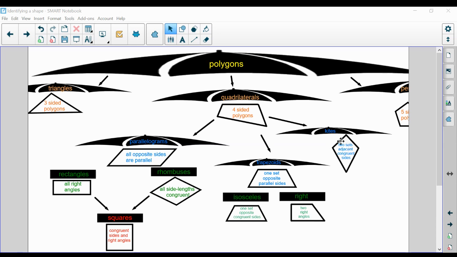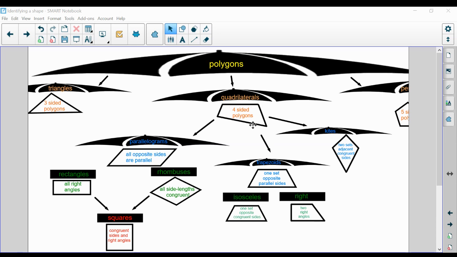Kites have two sides that are adjacent, or next to each other, that are congruent, or the same length, and then another set of sides that are adjacent to each other and the same length, congruent. So this is congruent to this side, and this side is congruent to this side. That makes a kite.